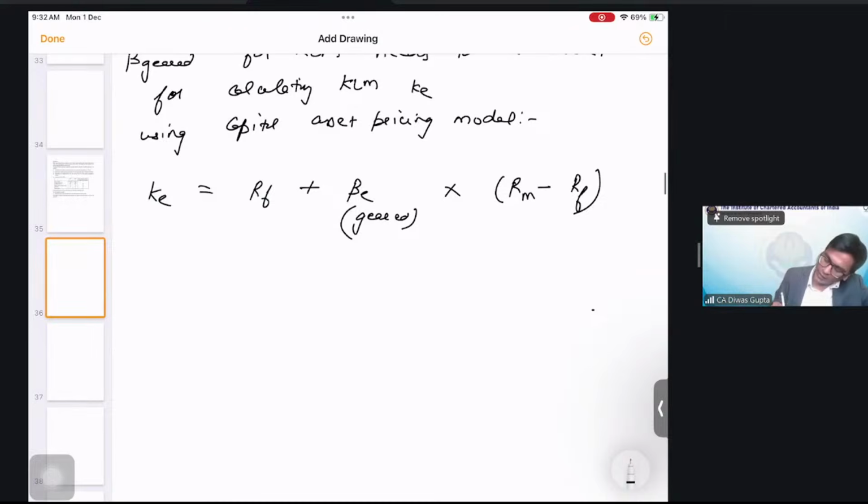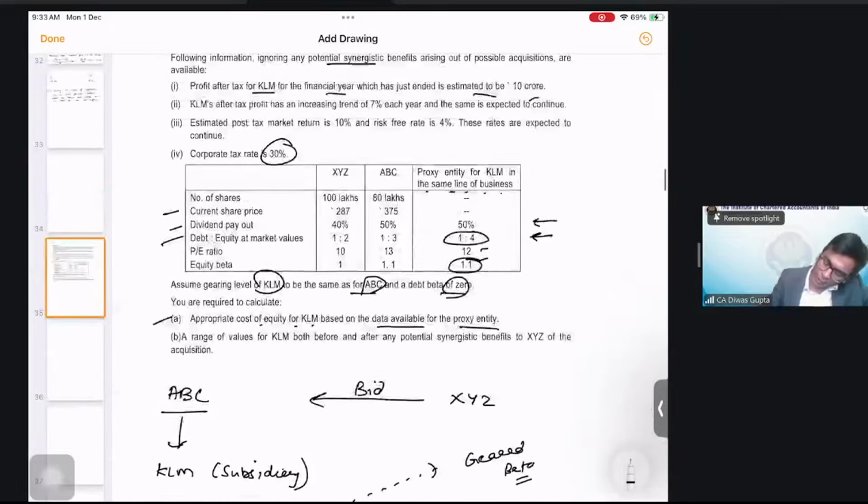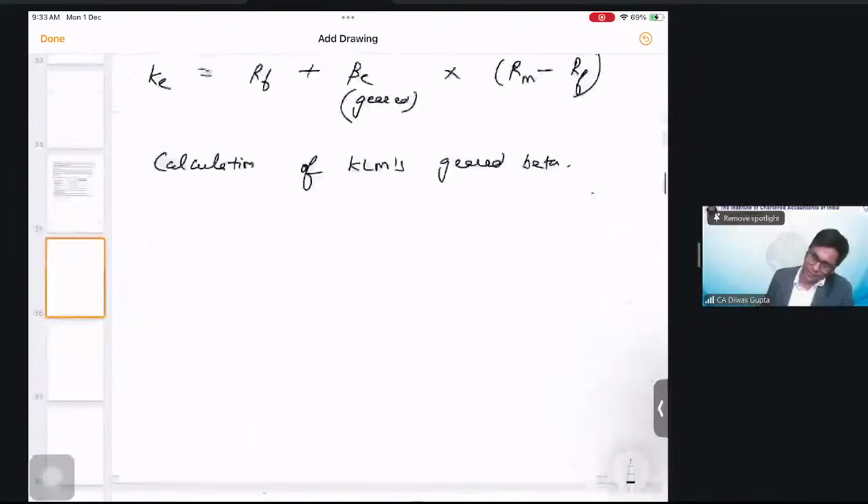Now we'll have to calculate KLM's geared beta. Now students, if you see, the question has given us, assume the gearing level of KLM to be the same as ABC. So for ABC, the gearing level is 1:3, right? So we will have to assign the value of 1:3 to arrive at the geared beta.